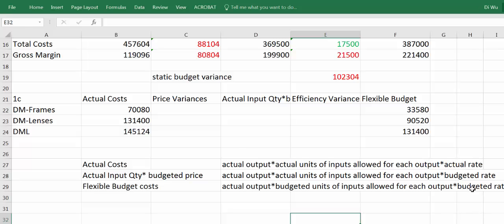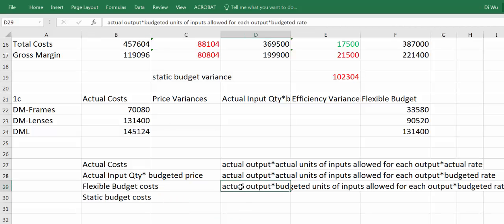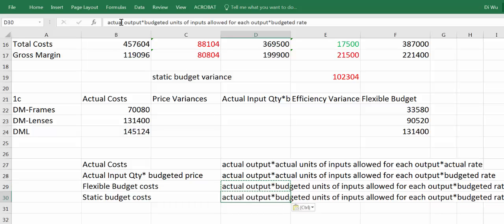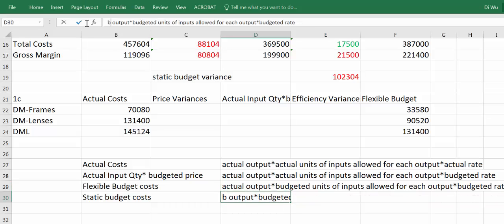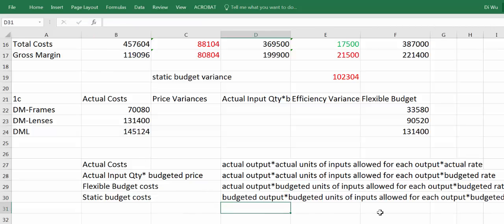If we have a static budget, then everything is budgeted, which is kind of interesting. Just as a summary, make sure you know how to do the calculations.